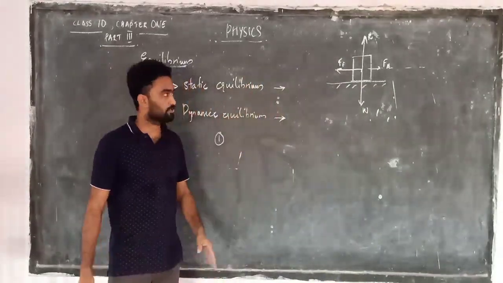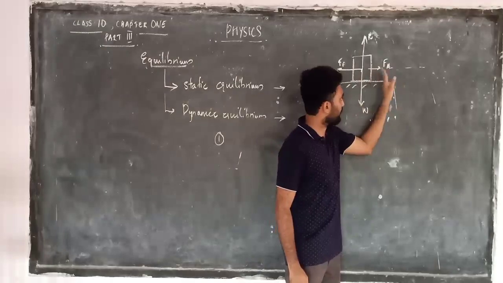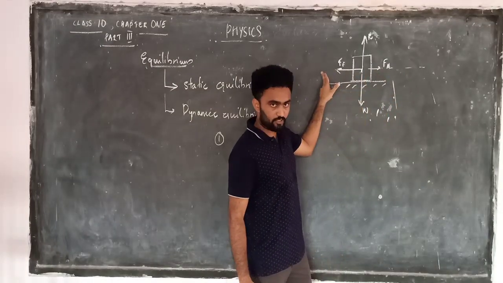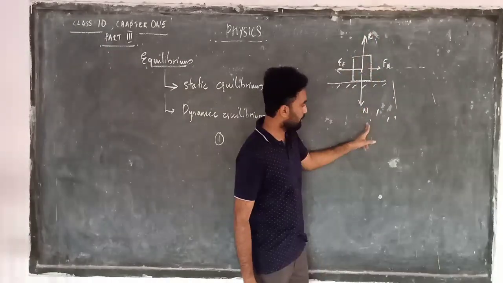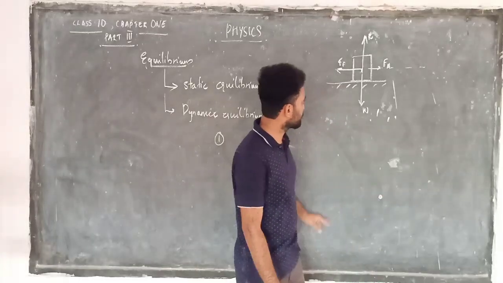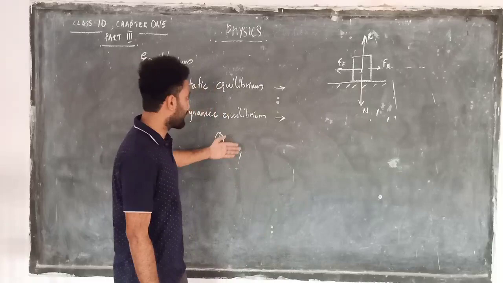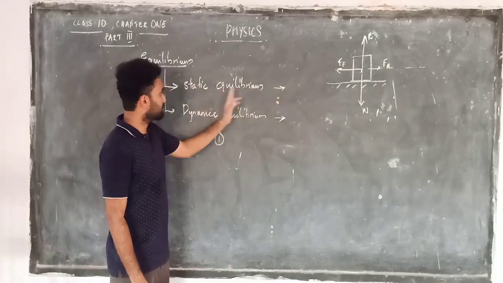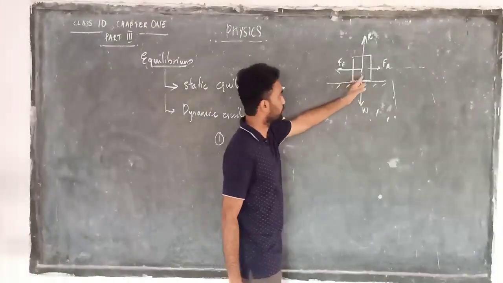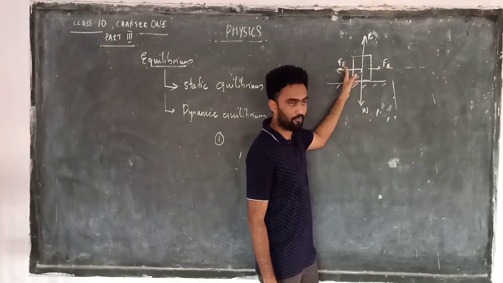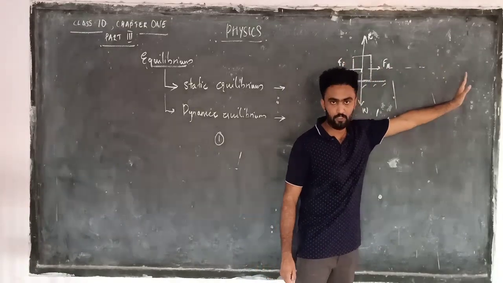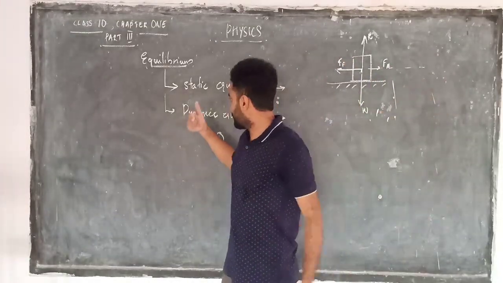For the static equilibrium concept, you can see these are all the translational forces, Fa and Ff, and the translational forces acting here, R and W. The net translational force acting on this body will be zero. If it is zero, then definitely we can say the body is in static equilibrium. If it is not zero, let's say Fa is more when compared with Ff, definitely the body will move in this direction. So that is not a condition for static equilibrium.